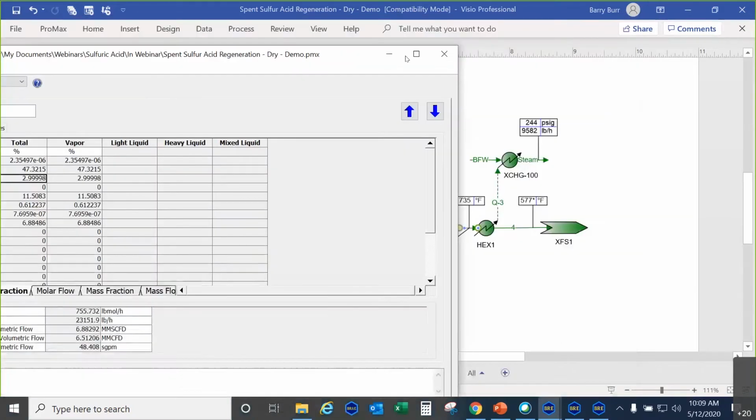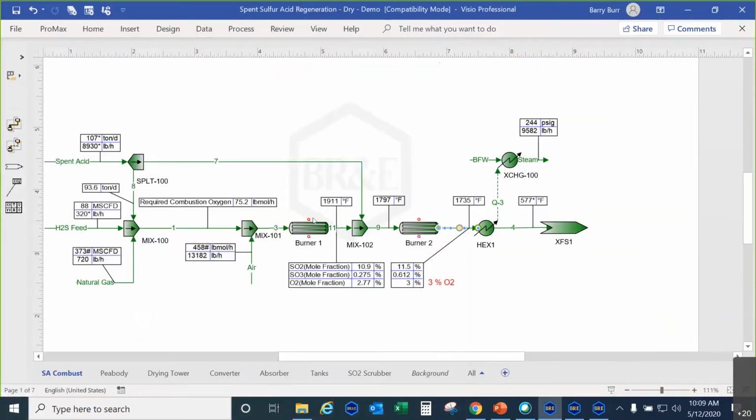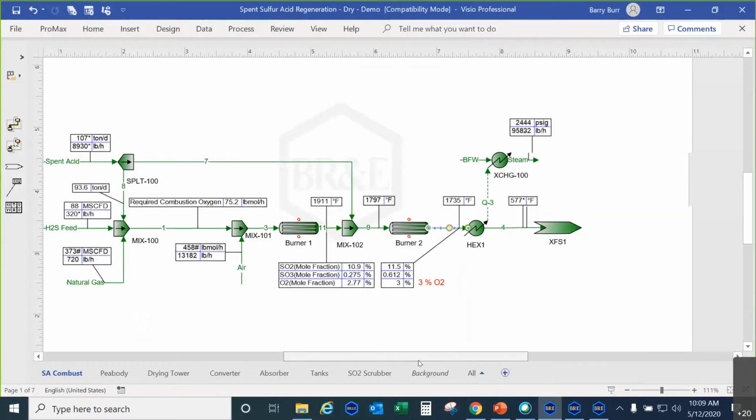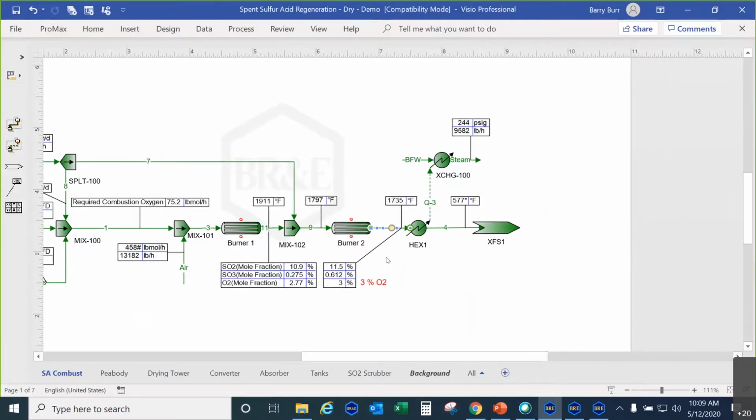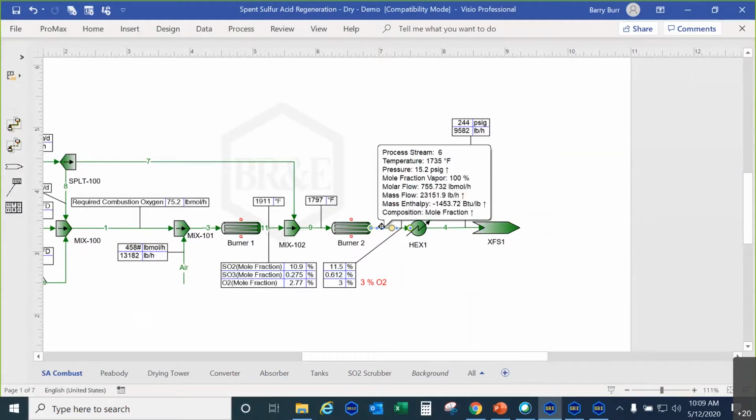And so now we have an SO2 rich stream at a very high temperature. And there's an equilibrium that exists between SO2 and SO3. As the temperature goes lower, you're going to find that more SO3 exists in your burner outlet stream.